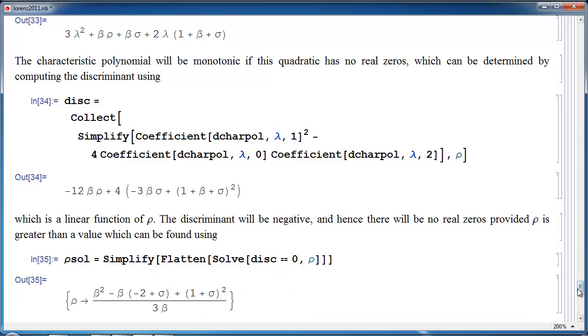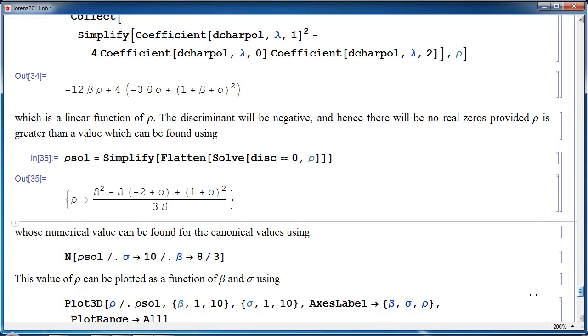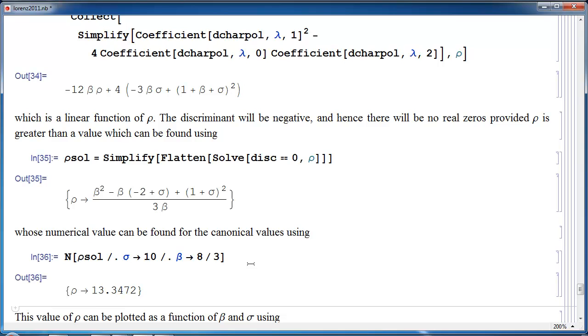And let's see what its numerical value is for the usual values of sigma and beta. It's about 13.